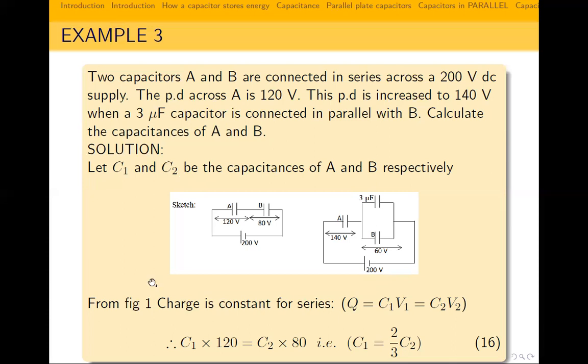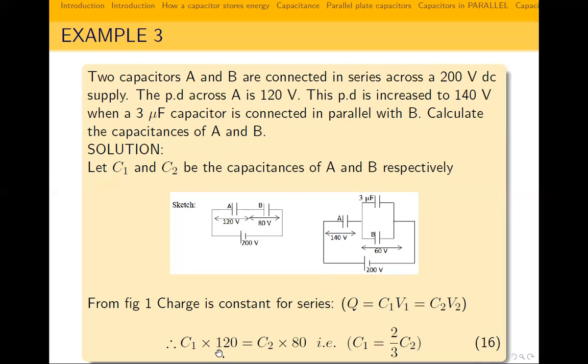So you start working. You say from figure 1, charge is constant because it is in series. So charge stored in A equals charge stored in B, for a simple reason, they are in series. And what is the formula for charge? Capacitance times voltage, CV.